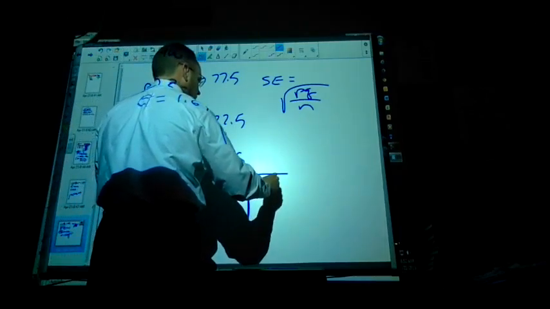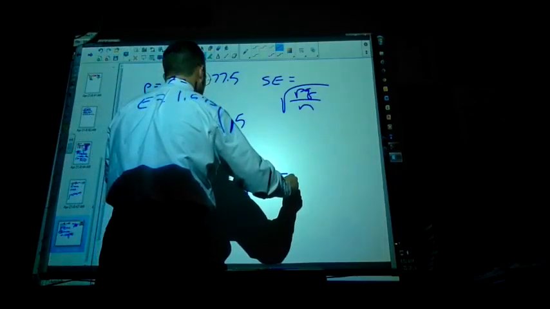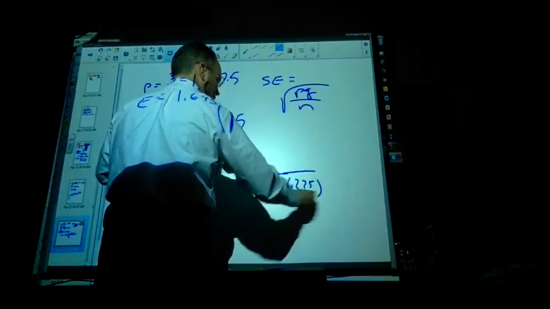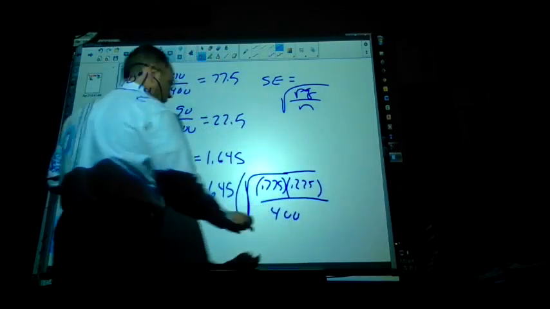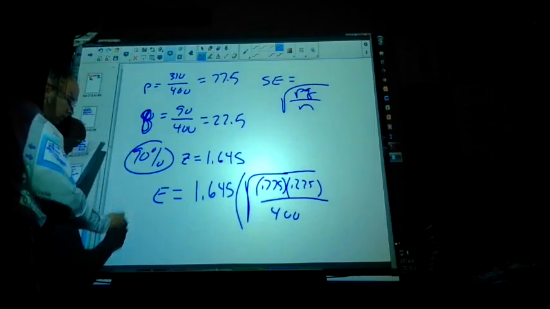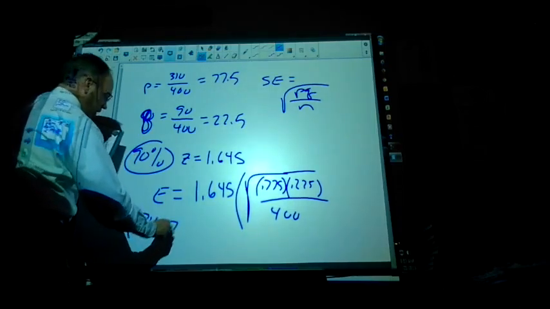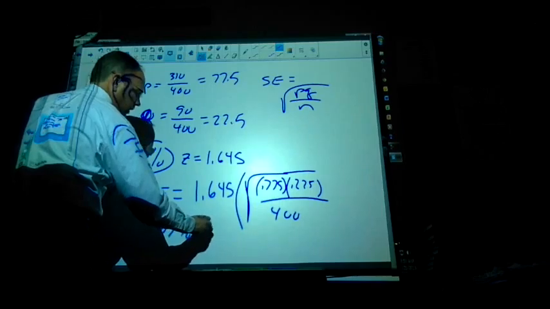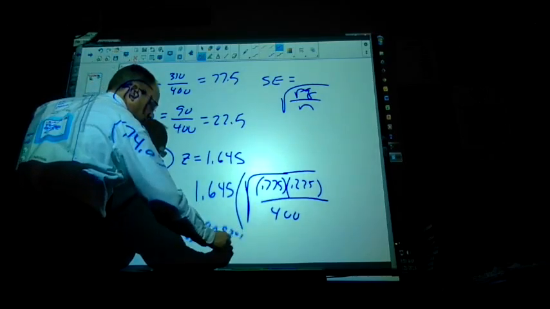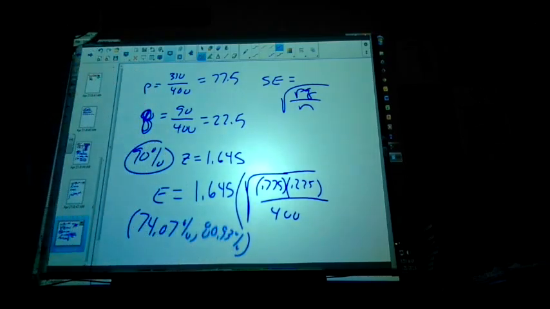So I have 0.775 times 0.225 over 400. And if you do that math, you're going to come out to 74.07% will get searched, and 80.93%. So we are 90% sure that between 74.07% and 80.93% of people would be searched as far as these international flights go. And we're not trying to test whether it happens or not.